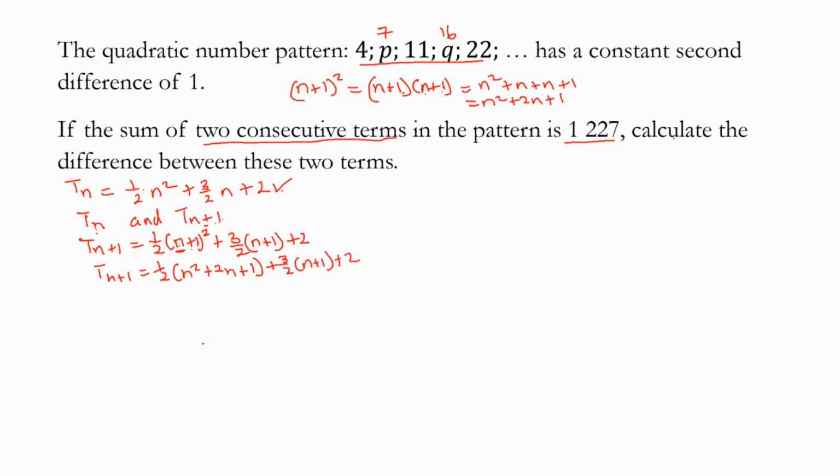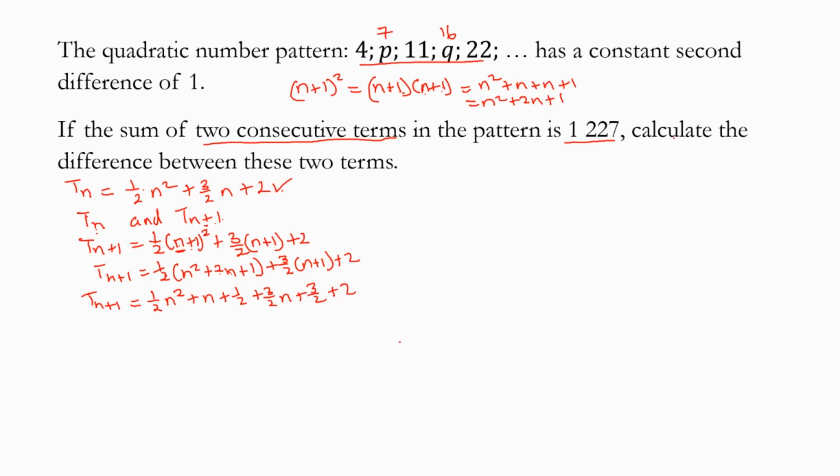Right, now we can remove the brackets. So Tn plus 1 is equal to half times n squared, which is 1 over 2 n squared. Half times 2n is plus n. Half times 1 is plus half. Then let's remove the bracket here: 3 over 2 n plus 3 over 2, plus 2.